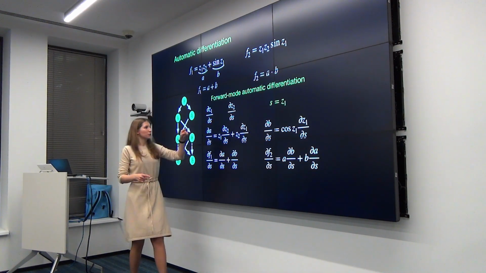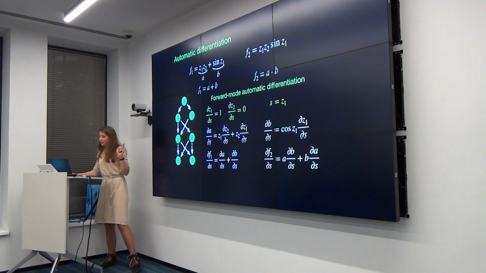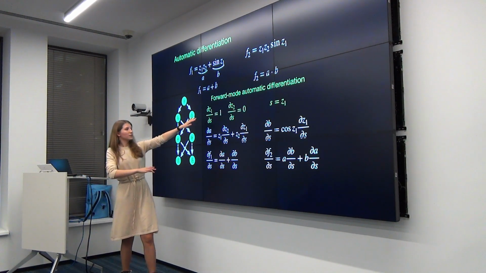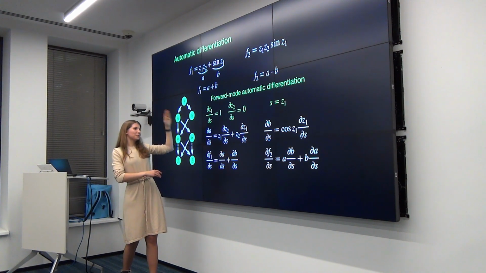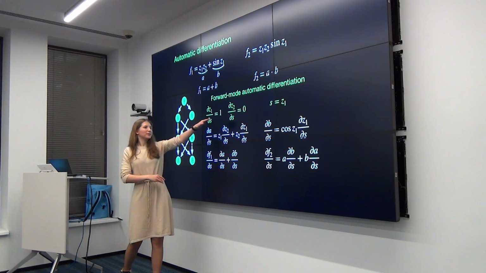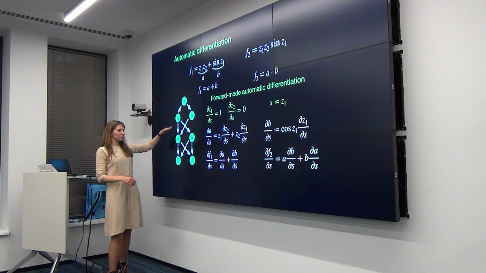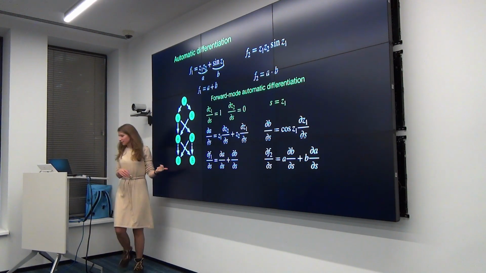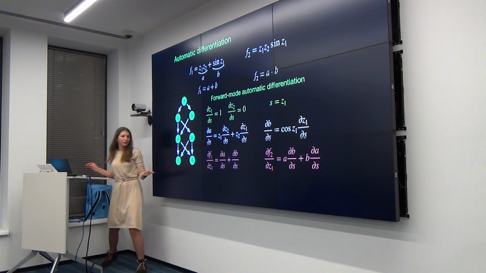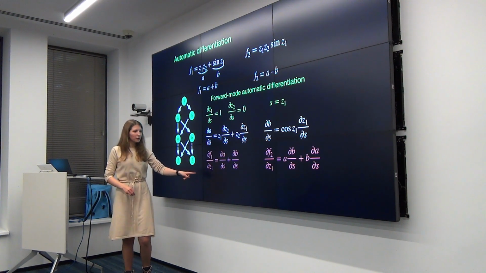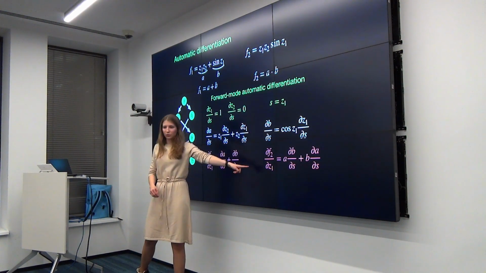And if we do so, the input vector for our differential system will be equal to 1 and 0. And we pass it through our graph and get derivatives of f1 with respect to z1 and f2 with respect to z1.